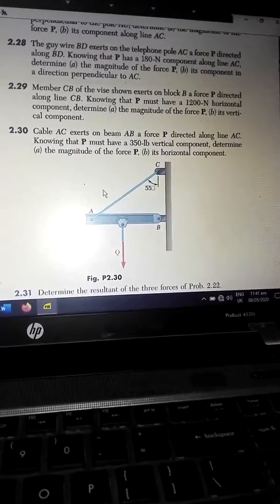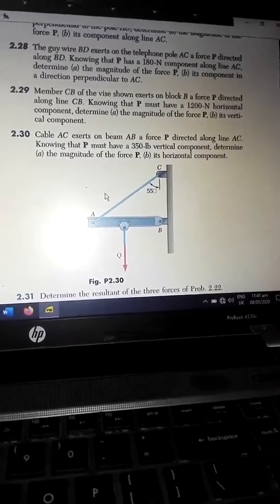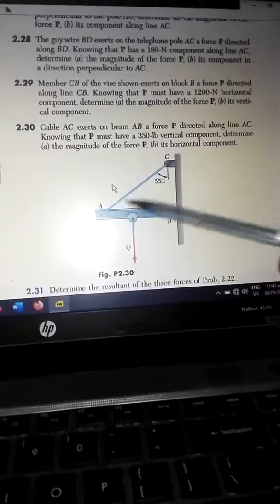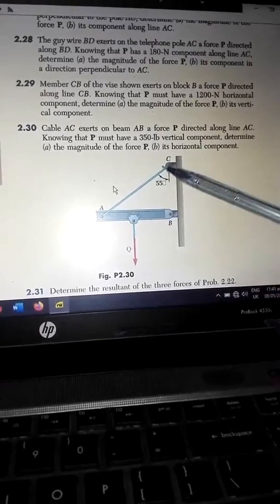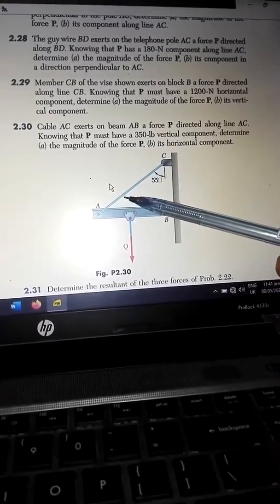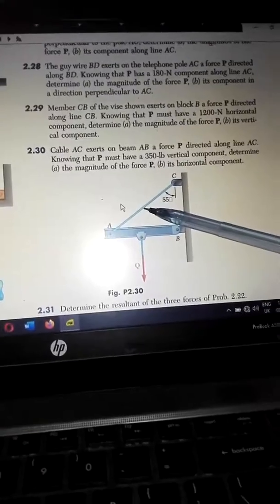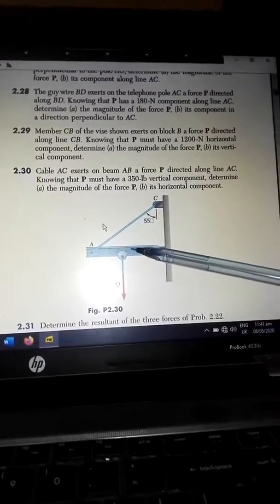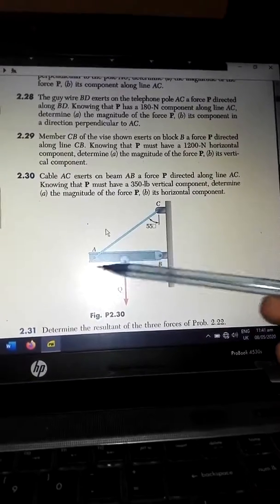So look at the idea now. They said you have a cable AC, that's the cable. You can see cable AC right here. This cable AC exerts on beam AB a force P. So you can locate the beam AB. This is the beam AB, and it exerts a force P on beam AB. Now it is not force Q. The force Q is just there, but we don't have any business with it.